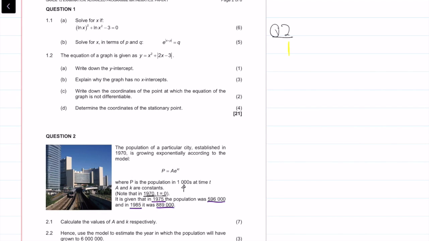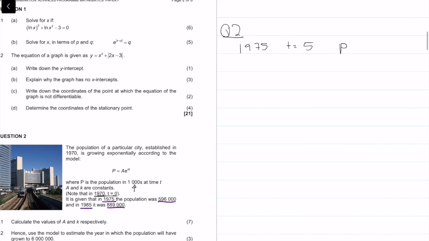For 1975, t is equal to 5 years from 1970, and the population is 596 divided by 1,000, so that's 596. In 1985, t is equal to 15, and P is 889,000 divided by 1,000, so 889.